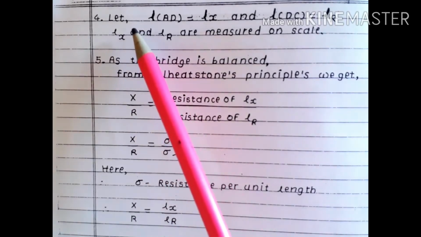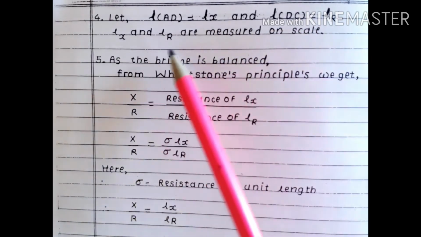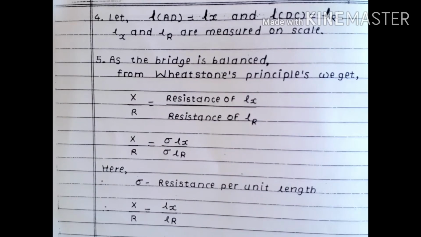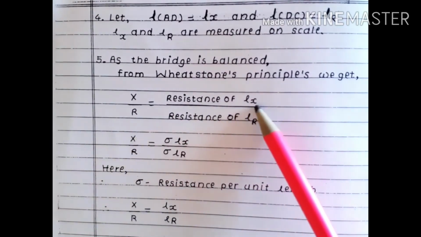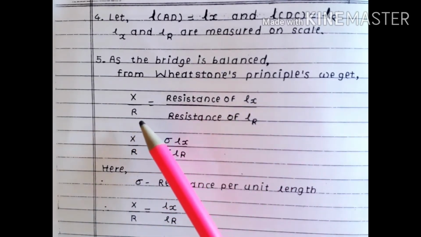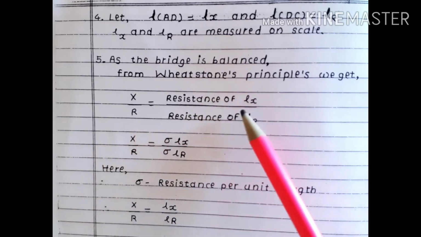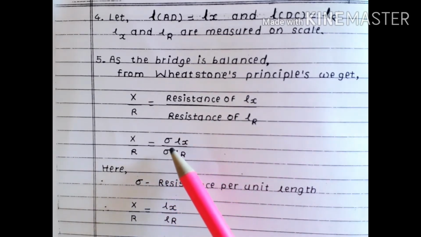See this point: let AD be equal to Lx and length DC be equal to Lr. Lx and Lr are measured on a scale. As the bridge is balanced, from Wheatstone's principle we get x upon R is equal to resistance of Lx divided by resistance of Lr, which is equal to sigma Lx divided by sigma Lr.